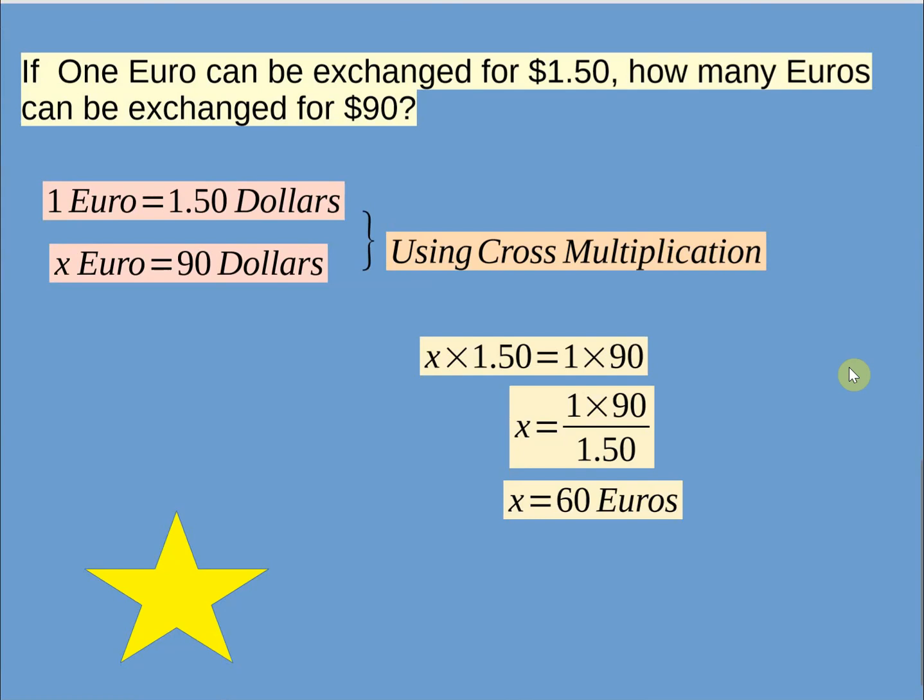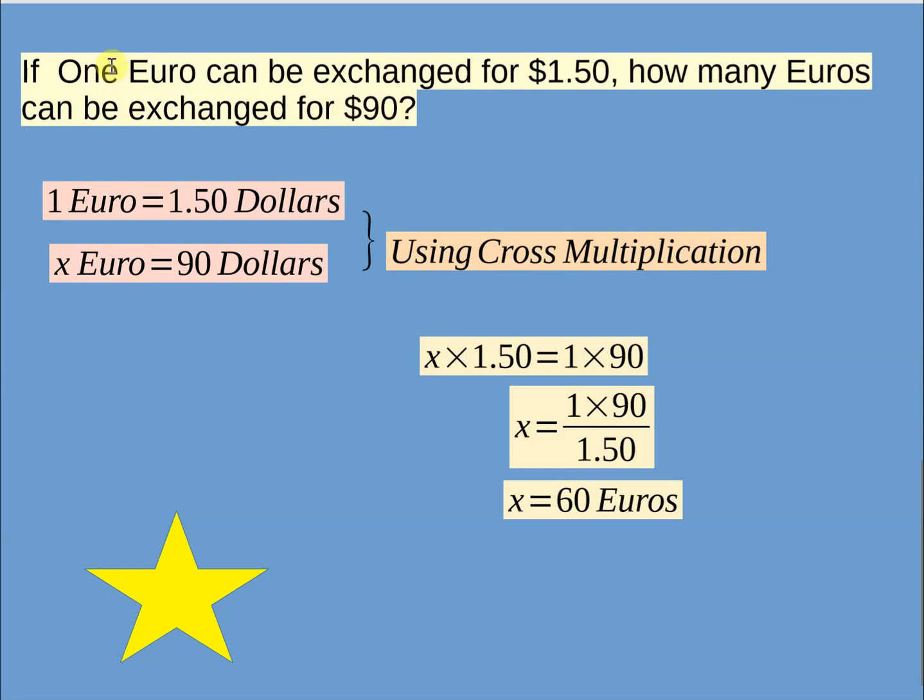Now let's look at a typical example where we would use cross multiplication to solve a proportion problem. If €1 can be exchanged for $1.50, how many euros can be exchanged for $90?